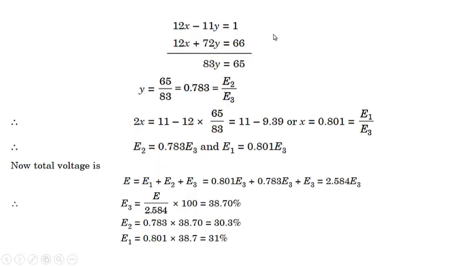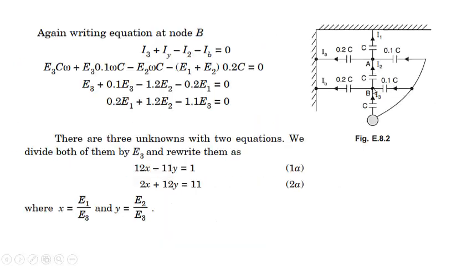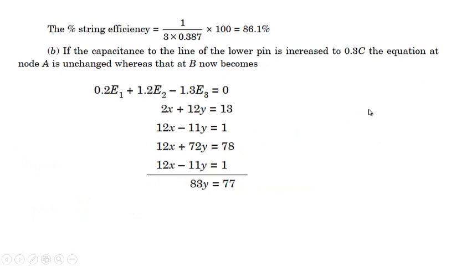So this was the case when we have assumed that the guard ring has a capacitance of 0.1. Let us now increase this to 0.3.